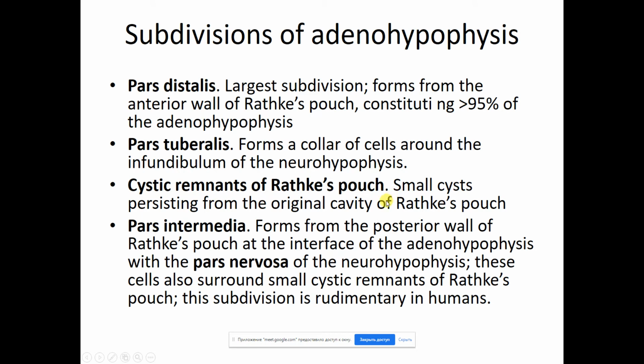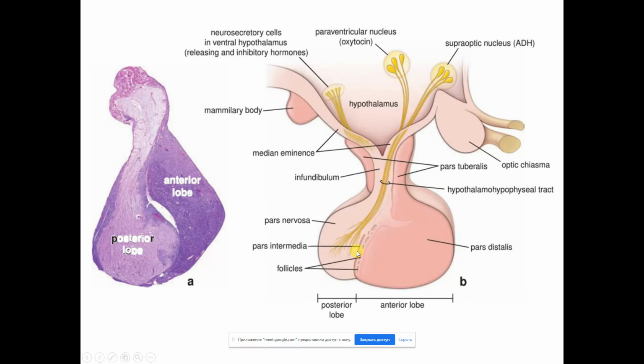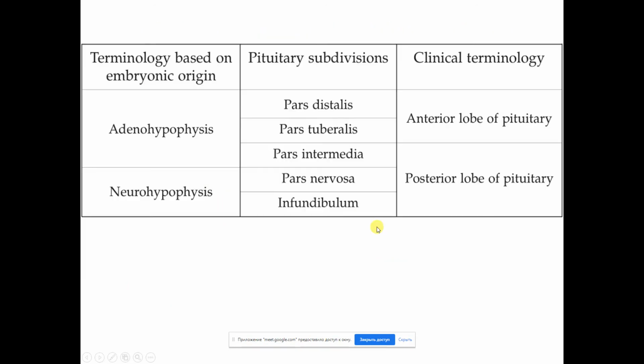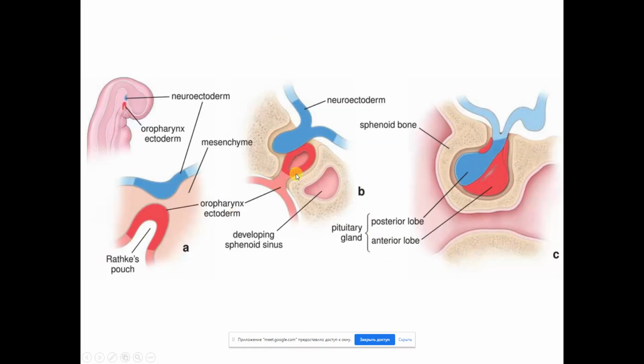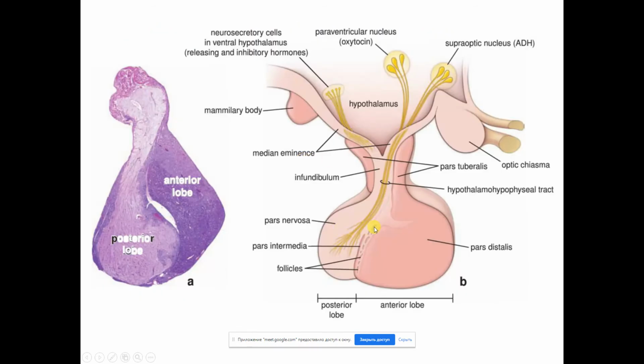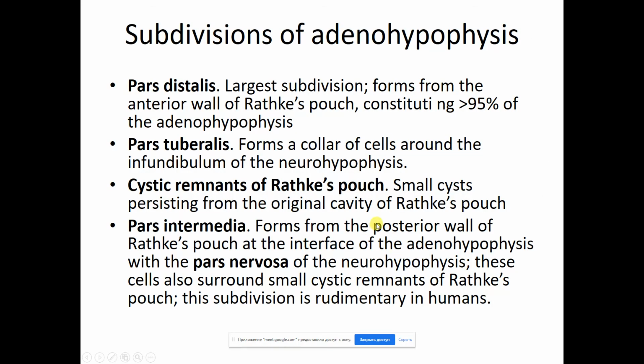There are small cysts present here, little cysts, and they are remnants of Rathke's pouch. Remember, this is Rathke's pouch, and only a few remnants remained here, like cysts. That proves that it's derived in this way.